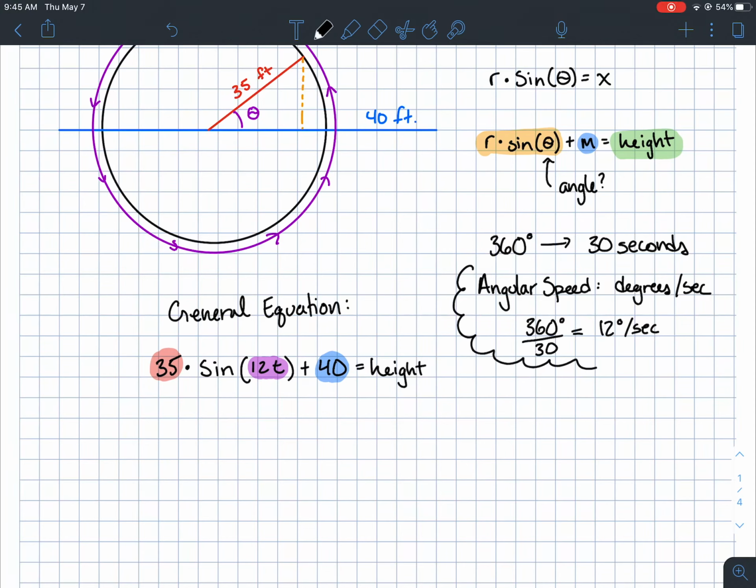This angular speed is very important because it will allow us to find any angle that we need just based on how much time has gone by. We're going to use this general equation today. Again, I've highlighted a few things. This is our radius, that's our angular speed, and that's our midline.